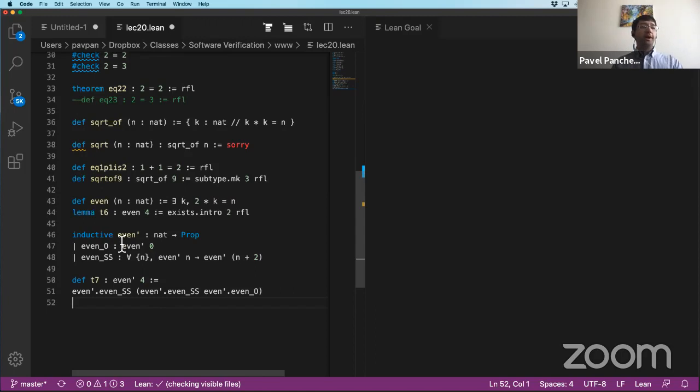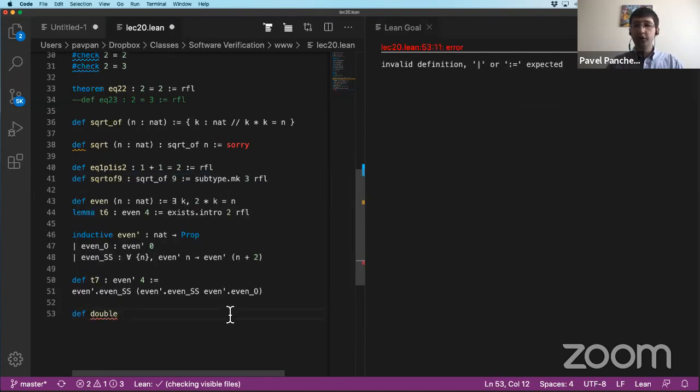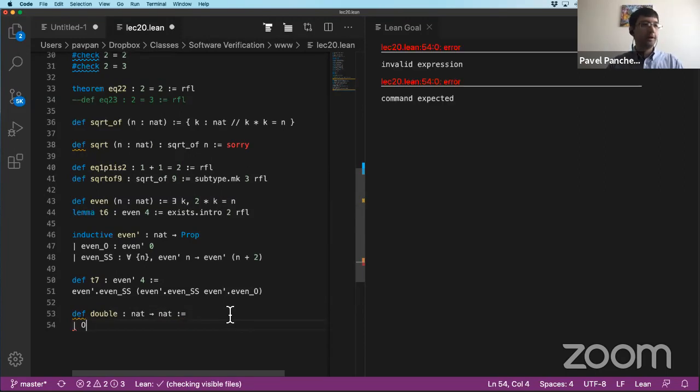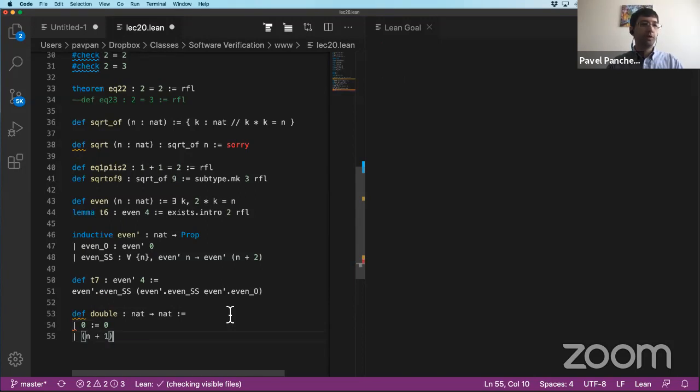Okay, so the value of defining a predicate like this, a proposition in this recursive way, is that this proposition can match the recursion that the function itself uses. So for example, we can define a function to double a natural number. And one way to do that, of course, is to say that we're going to do n plus n. Another way to do that is to say that 0 doubled is 0, and n plus 1 doubled is n doubled plus 2.